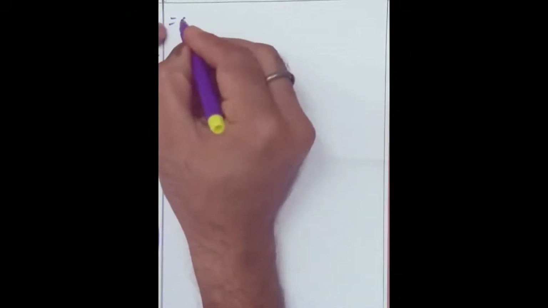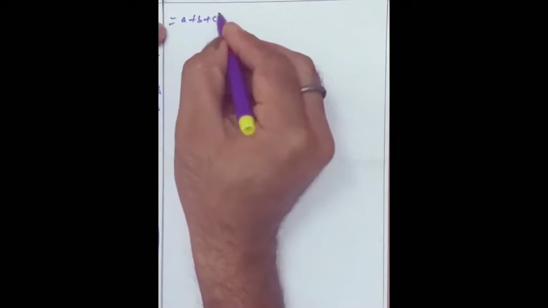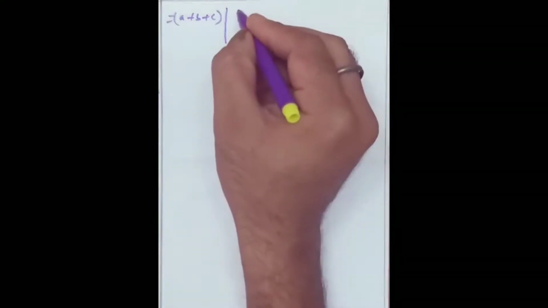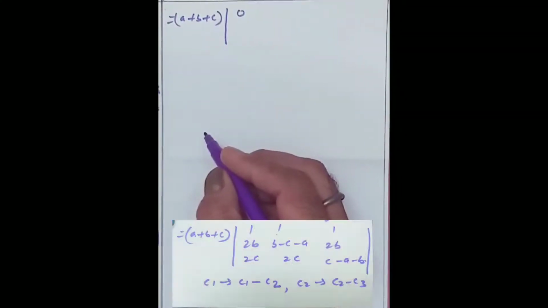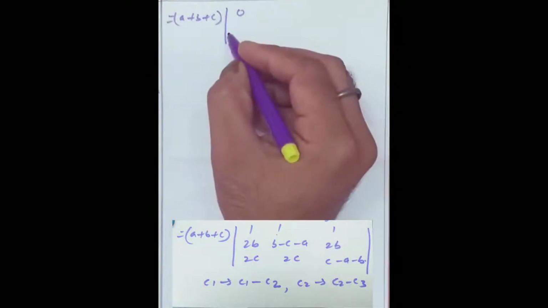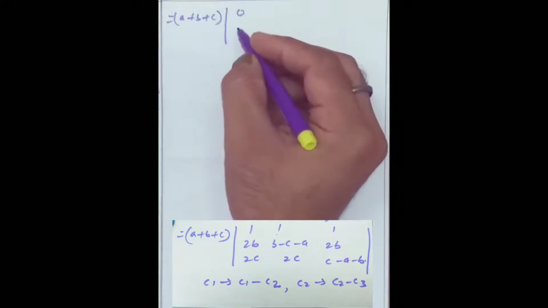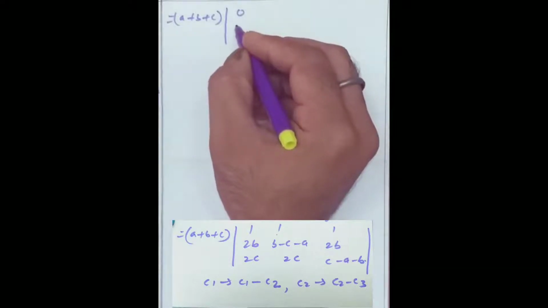The outside factor is as it is, a plus b plus c. Operation is 1 minus 1, 0 over here, and 2b minus b plus b, and this plus a plus c plus a.